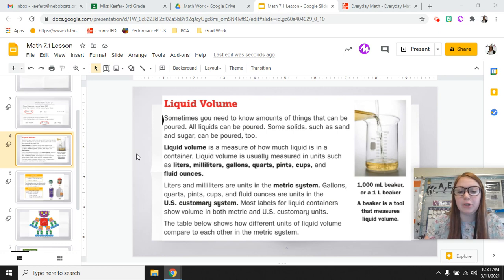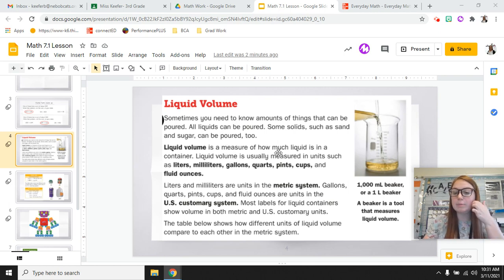Liters and milliliters are units in the metric system. Gallons, quarts, pints, cups, and fluid ounces are units in the U.S. customary system. Most labels for liquid containers show volume in both metric and U.S. customary units. The table below shows how different units of liquid volume compare to each other in the metric system.